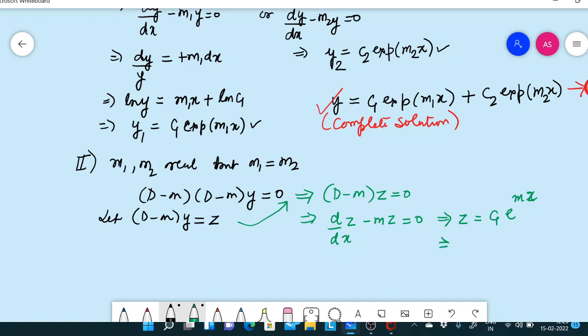Now substitute back what z was. It was (D minus m) times y. This is equal to c1 e to the power mx. Let us simplify.